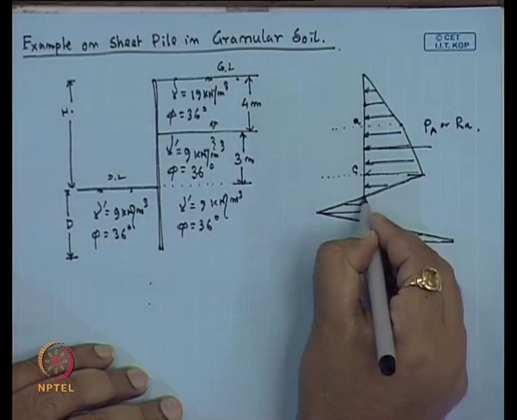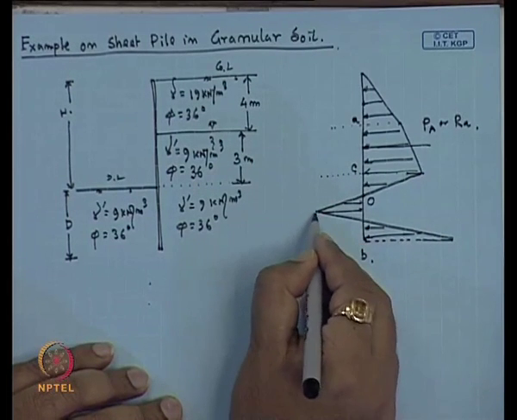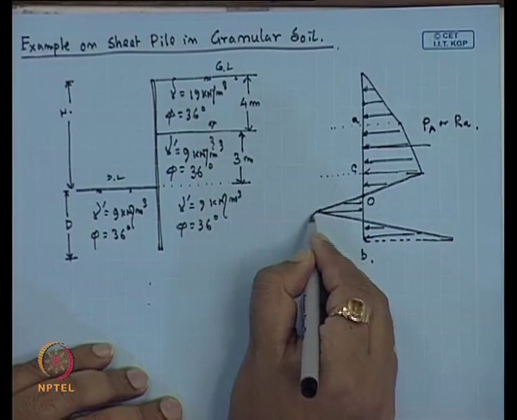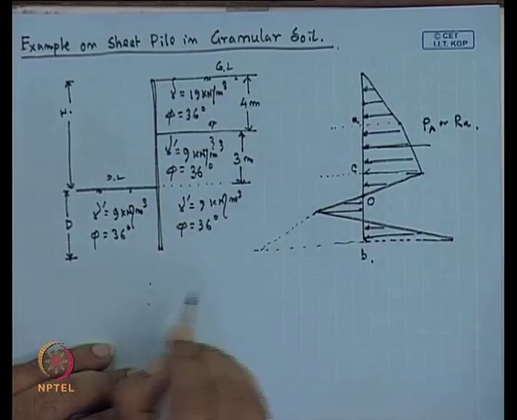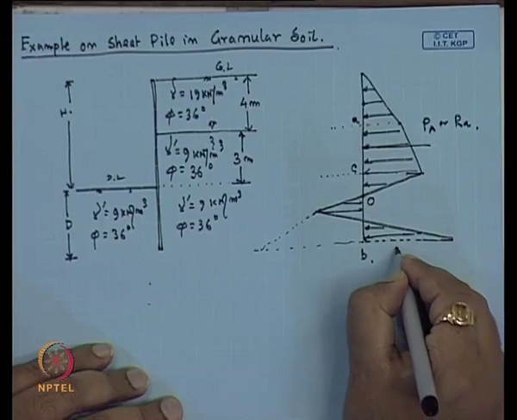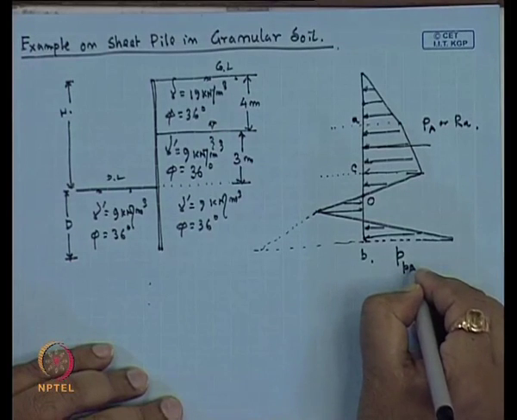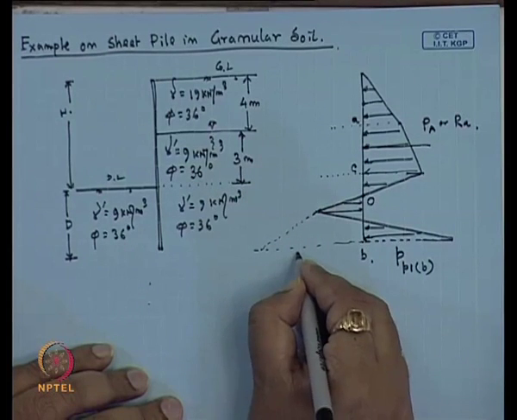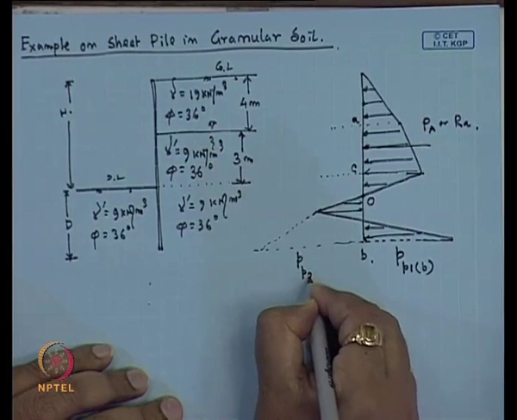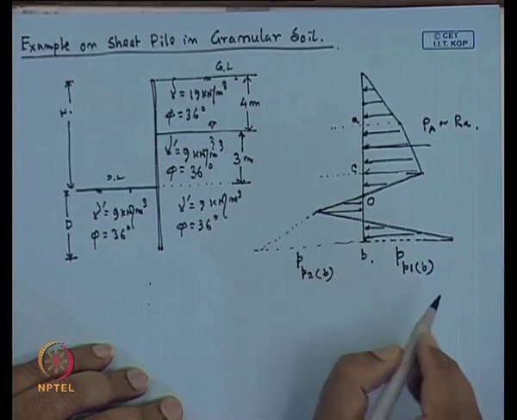Now, this is point O, and if I extend this triangular part, this one is passive pressure 1 at B point. This is also passive pressure 2 at B point, because this is the B we have considered.